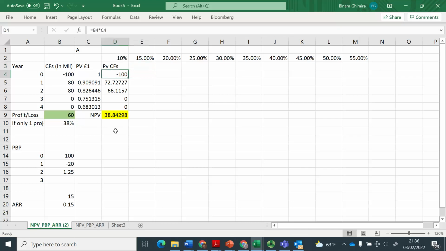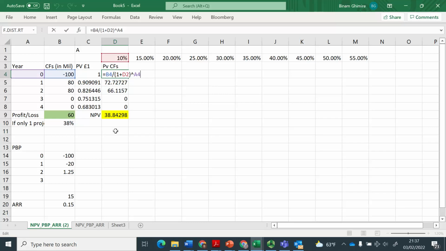We now want to find out the NPV for this cash flow for all these discount rates. Let's see what the NPV becomes. So here I will make use of the 10%, which is here: 1 plus the rate, and the time is here.